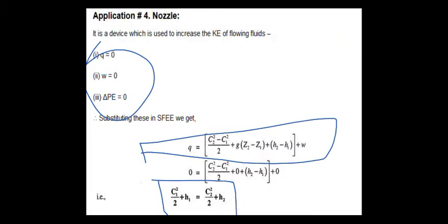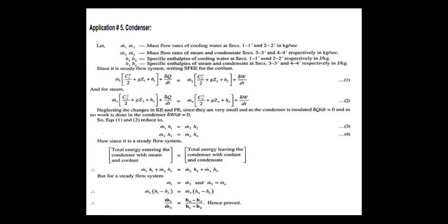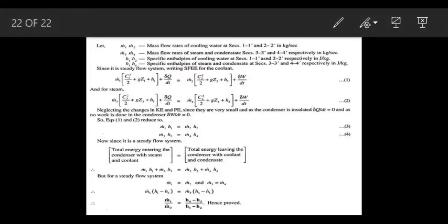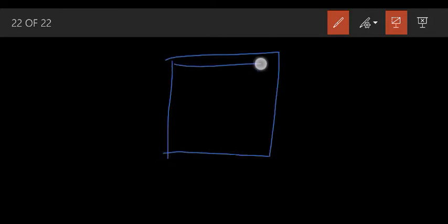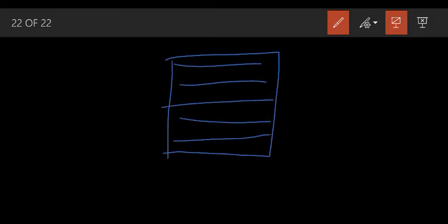Now the third type, that is the condenser. A condenser is used for obtaining the fluid in a condensed form. With the help of a diagram I will explain. This is a simple representation of the condenser. At the entrance, a fluid, water, is supplied.